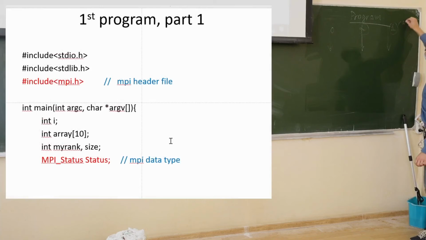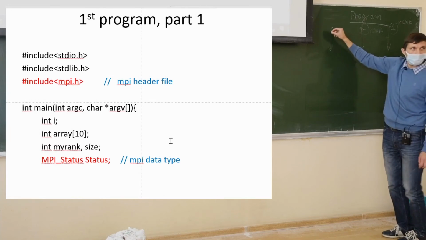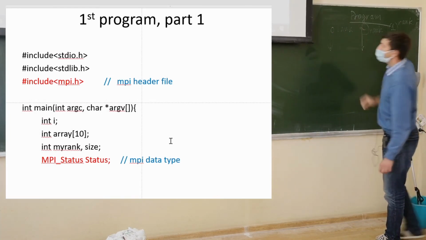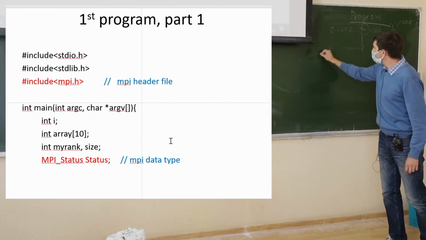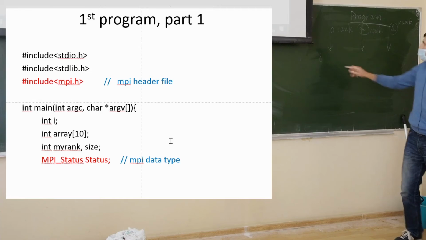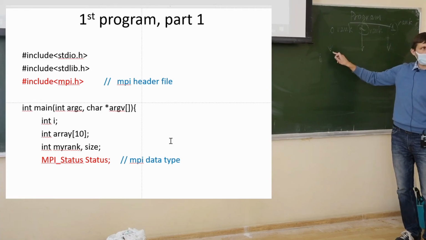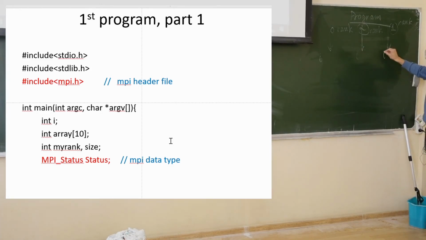This rank 1, this rank 2, and this rank equals 0. Okay? If I type i here, that means this variable with the name i will be inside this process, inside this process, and inside this process.